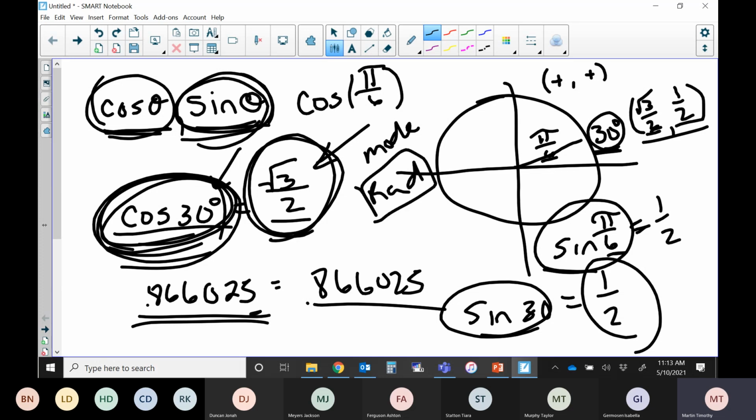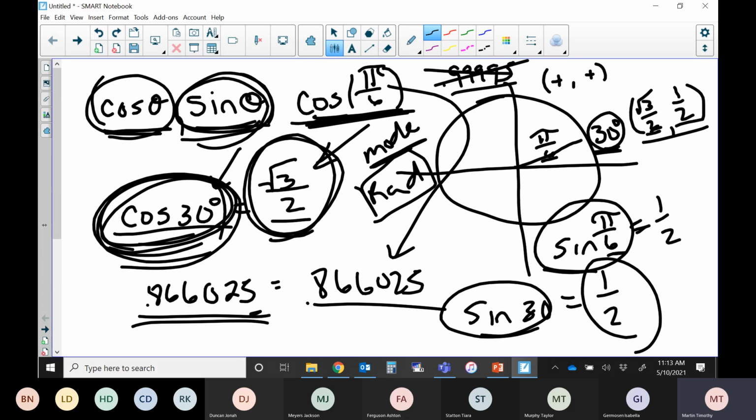You have to change your calculator to radians, and then you would be able to put this in, and this number would pop up. If it's not in radians, it would be like 0.99995 or something, and that would be the wrong one. That's because it would actually be doing pi over 6 degrees, which is not what we want. When we do pi over 6, we're talking radians. So you got to make sure you change your calculator mode.